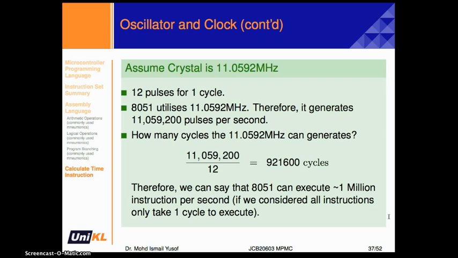We have information that 12 pulses is for one cycle, so we just divide it by 12. We get 921,600 cycles. So it's nearly 1 million instructions per second. In other words, the 8051 can execute nearly 1 million instructions per second. That is quite fast.